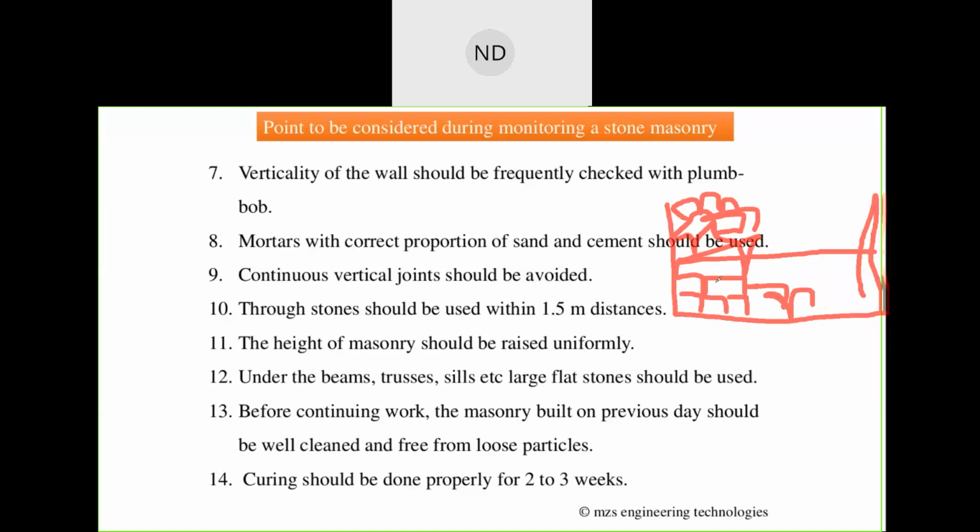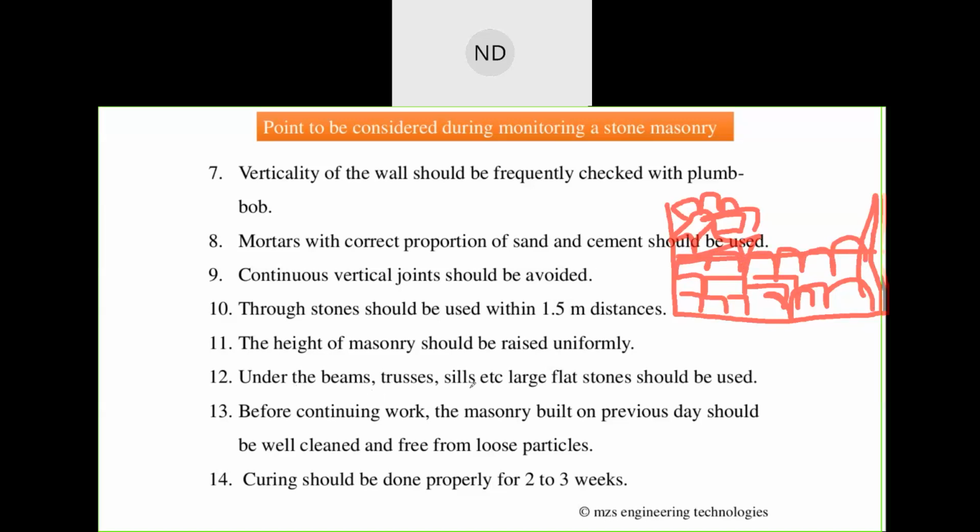It should be done uniformly. If you are placing stones here, they should be placed here also. Complete this line, then go to the second level, doing it in this manner uniformly. The height should be raised uniformly.